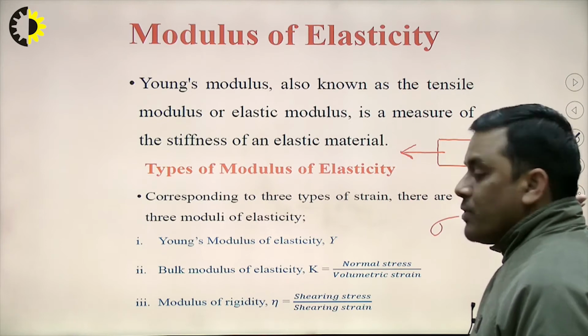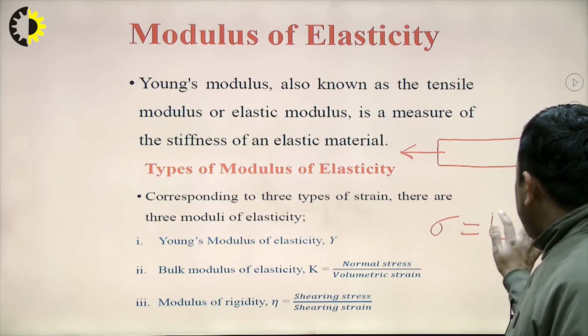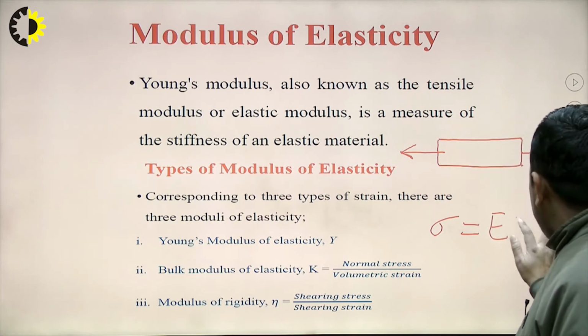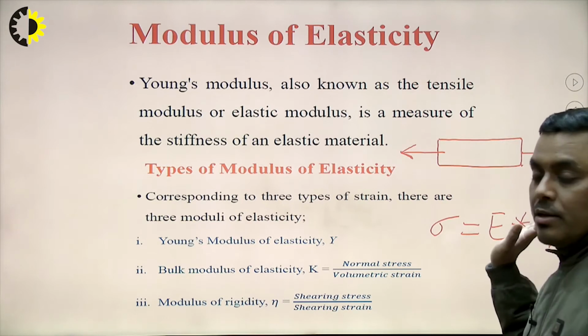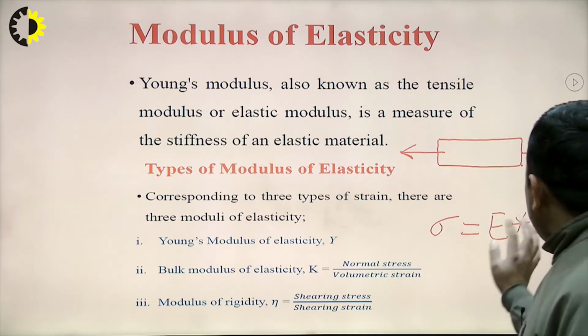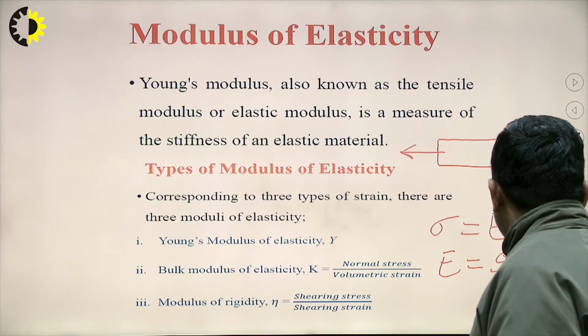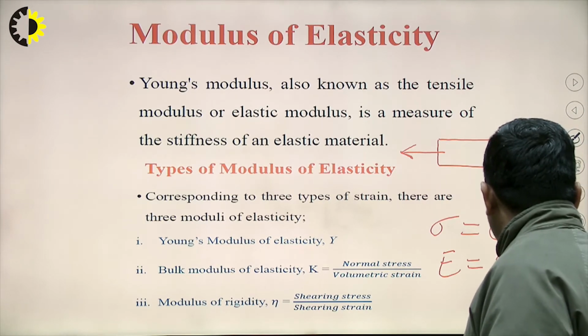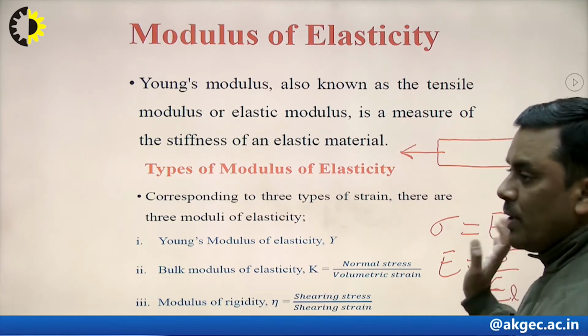If sigma represents the normal stress, and E is the modulus of elasticity, then here we have the longitudinal strain, epsilon L. So, the modulus of elasticity E will be the ratio of sigma upon epsilon L.